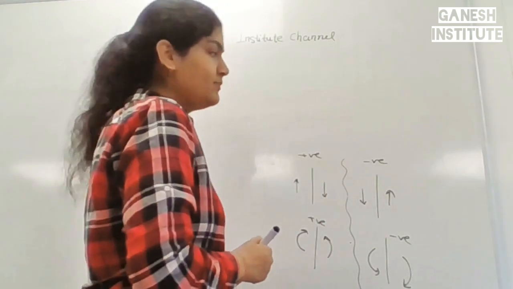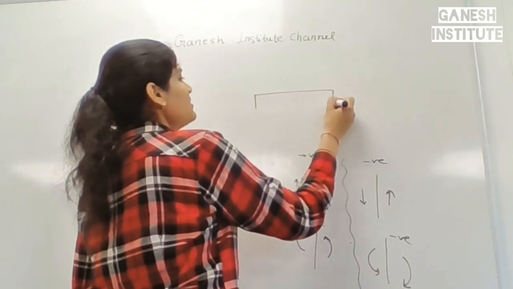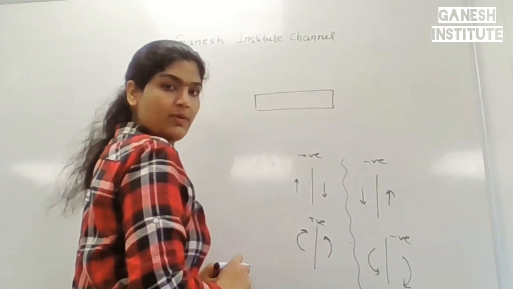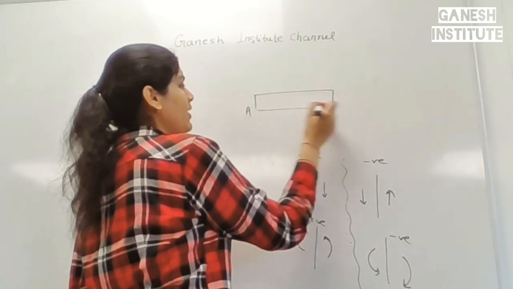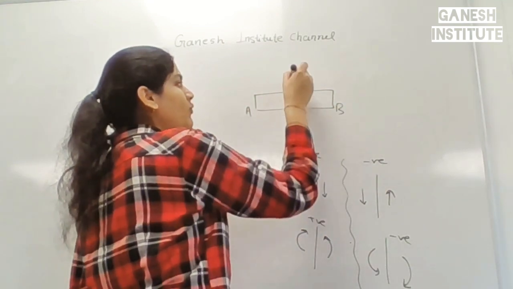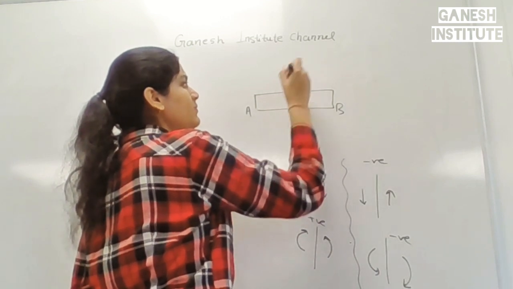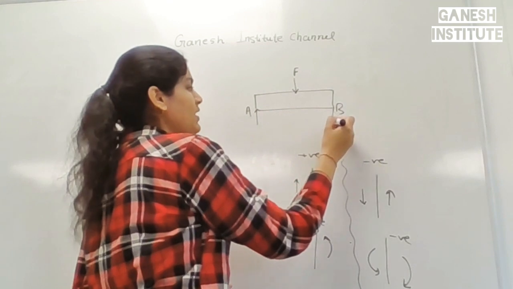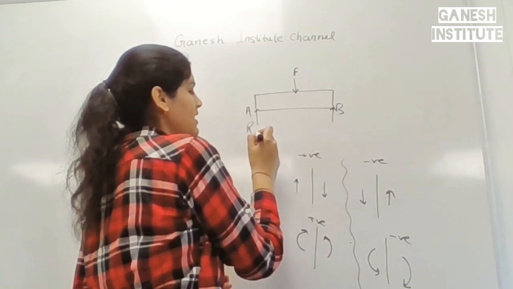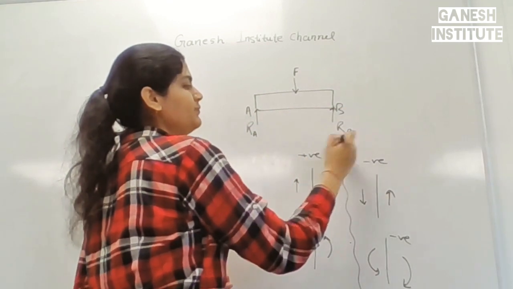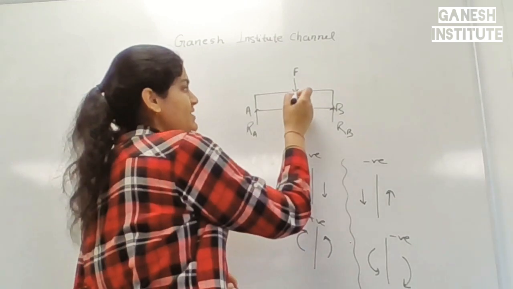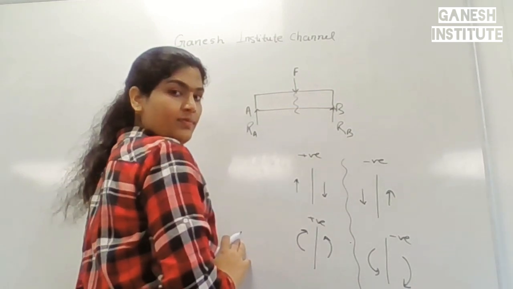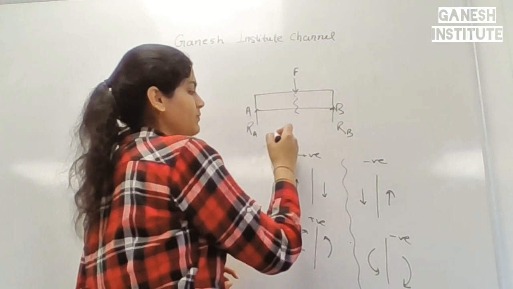Let's see with the diagram. This is a horizontal beam. We have two points. A force is applied here. This is supported by two reactive forces, let's say RA and RB. If it splits, then it is shear force.